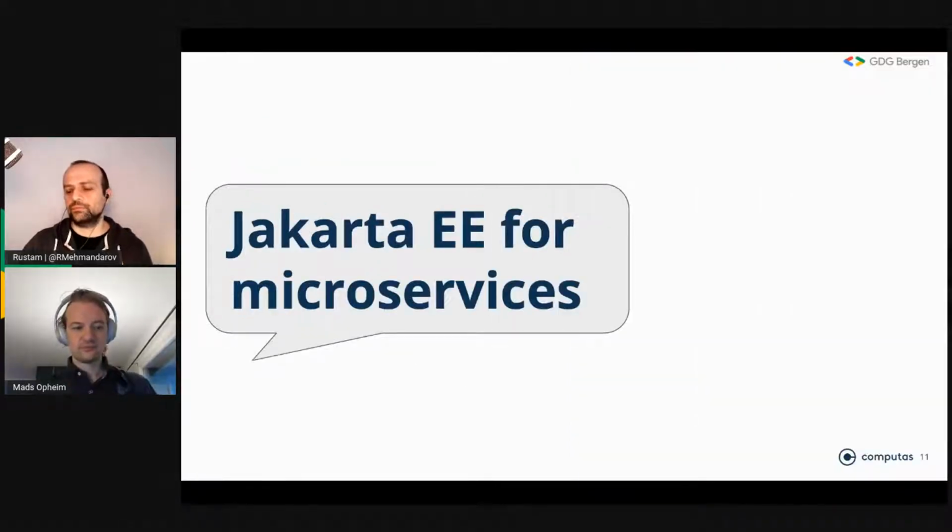So a very, very short and probably a bit rough explanation would be, it's kind of like Jakarta EE for microservices. For those of you who've been in the Java world before, that's what Java EE used to be called. It changed the name and everything, so now it's Jakarta.